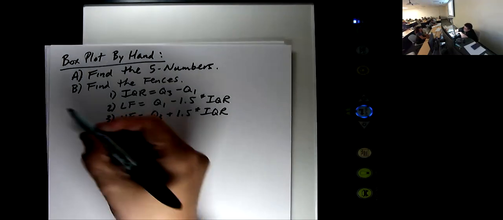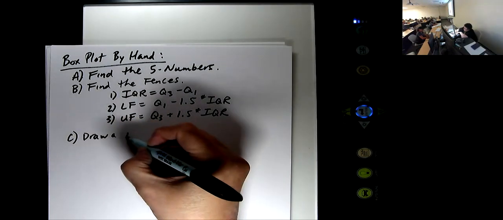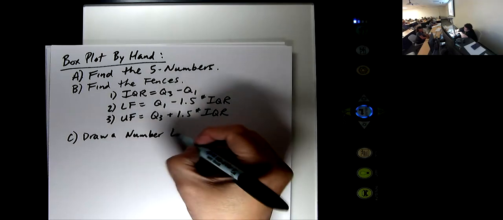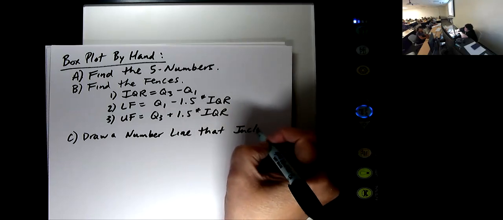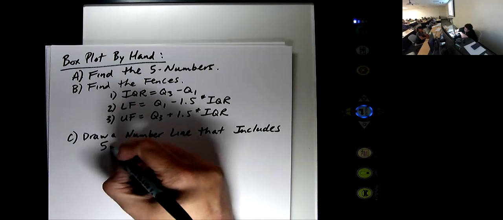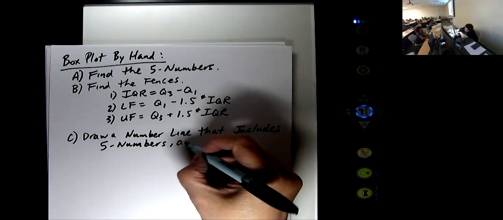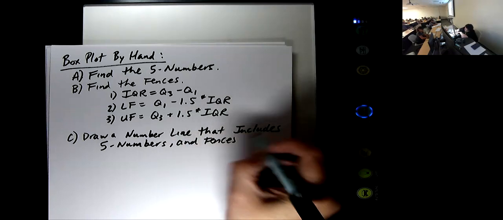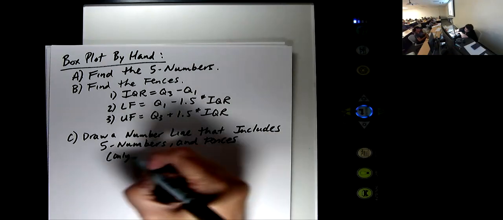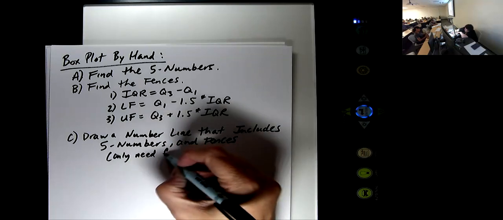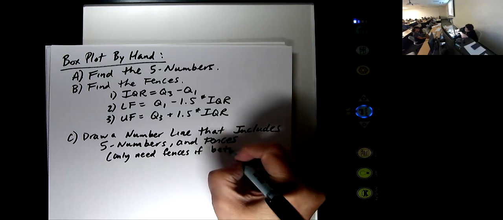All right, so once we have these, we will draw a number line that includes the 5 numbers and the fences. You really only need the fences if they are between min and max.